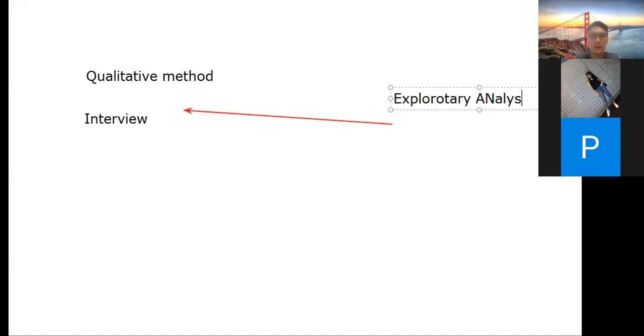So you are exploring something where the answer is not there. You read the thesis, you list down all the factors, but there are gaps for you to fit. These factors are clear, but these factors are not clear. So it is an exploratory analysis.